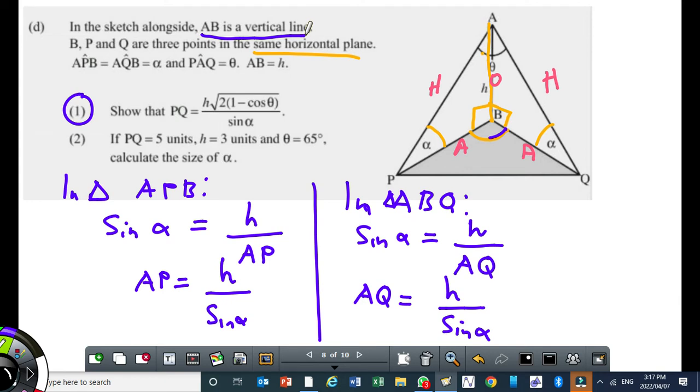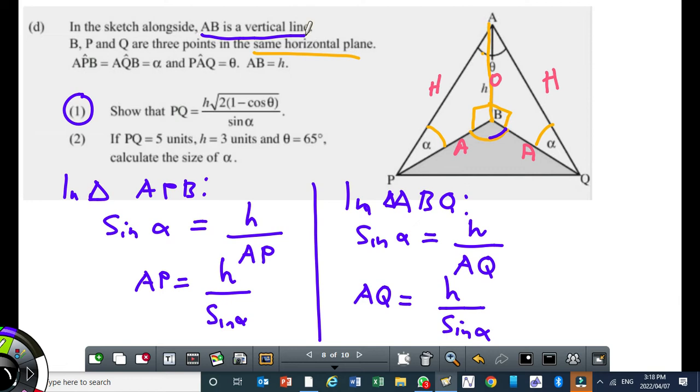Remember, I said earlier when I started that AB is like me standing. I'm vertical. Then points B, P, Q are like some points on the floor. So if you draw a triangle up to me, let's say there's a vertex at me, and then you've got two other points there, I will be perpendicular to the floor.